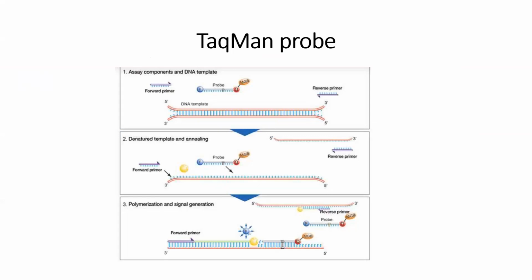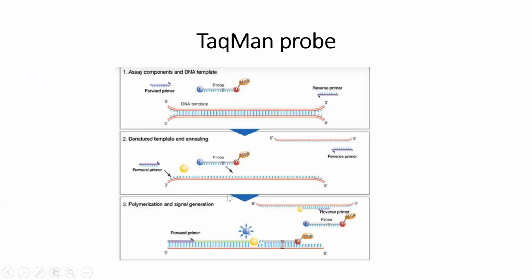But since the quencher is in close vicinity, this fluorescence would excite the quencher, but the quencher is basically a non-fluorescent molecule, so it just absorbs the light but does not produce any fluorescence. So that's why when the probe is intact, there will not be any fluorescence produced.